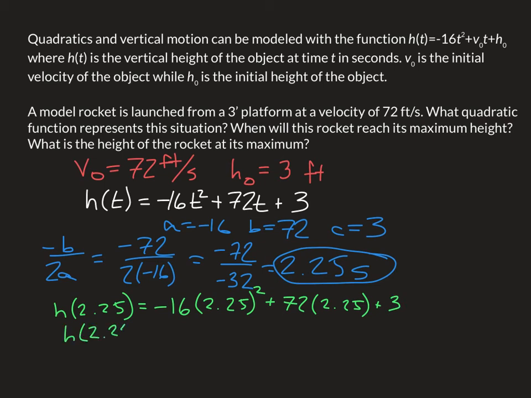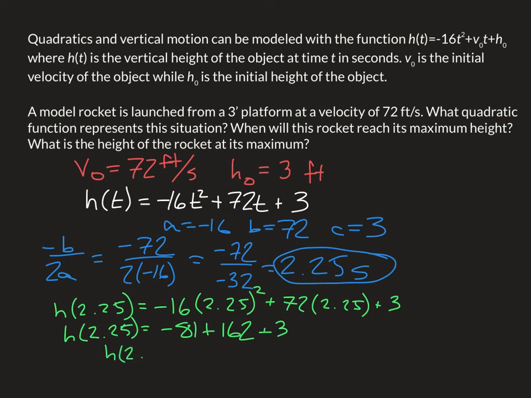So h of 2.25 equals, if I do 2.25 squared and then take that times negative 16, I get a negative 81. Then I'm going to take 72 times 2.25, and that gets me positive 162 plus 3 more.